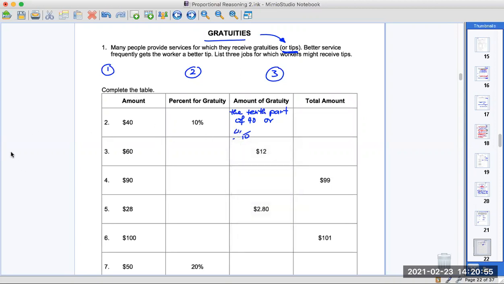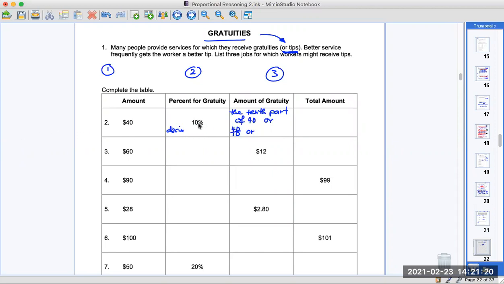And I'm showing you different options here. You can do 40 divided by 10, or you can change the 10% to a decimal and multiply. When you change it to a decimal, remember you're moving your decimal spot.